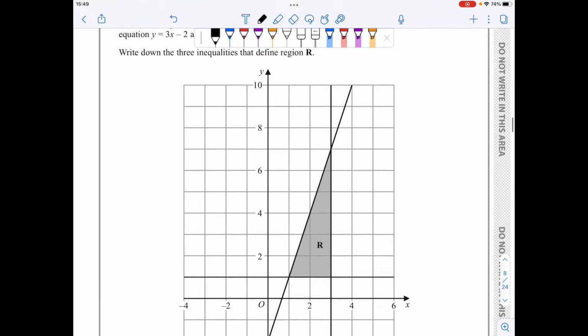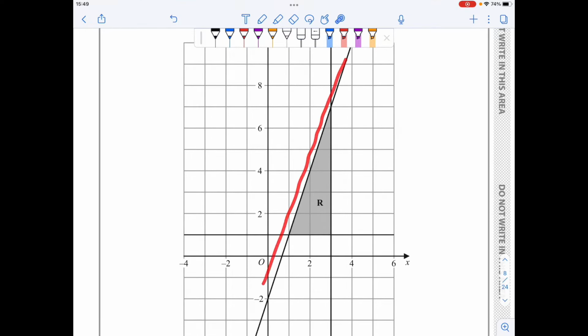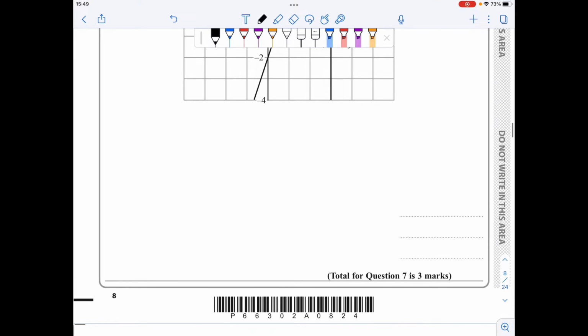For question 7, this diagonal line is the line y equals 3x minus 2. Now this horizontal line here is the line y equals 1, and this vertical line is the line x equals 3. Now the shaded region is below this line, hence the corresponding inequality will be y less than or equal to 3x minus 2.